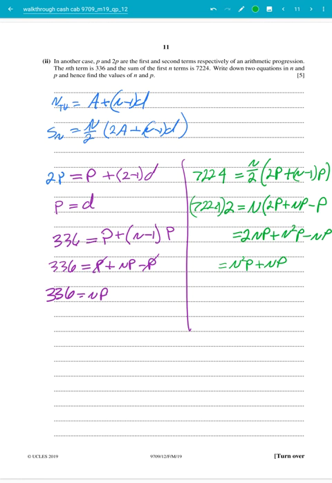And so this is going to be n times np plus np.